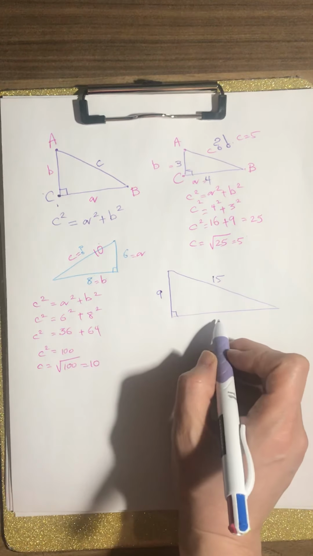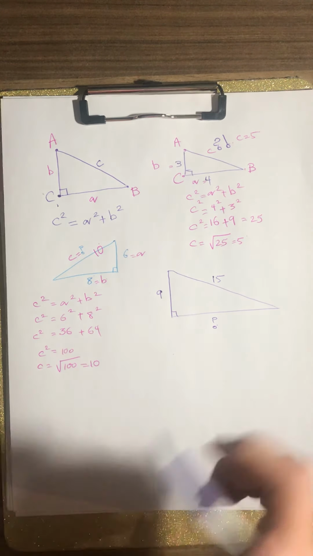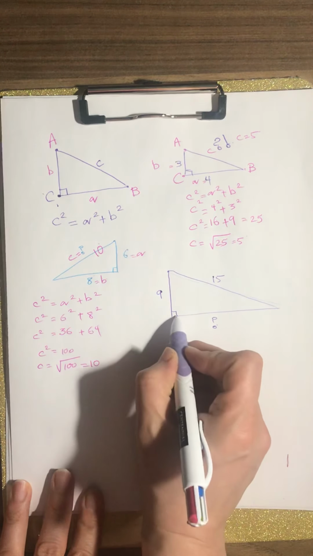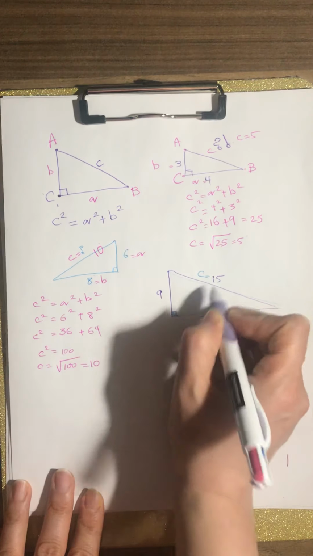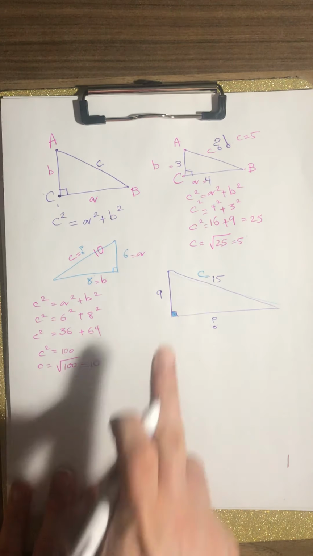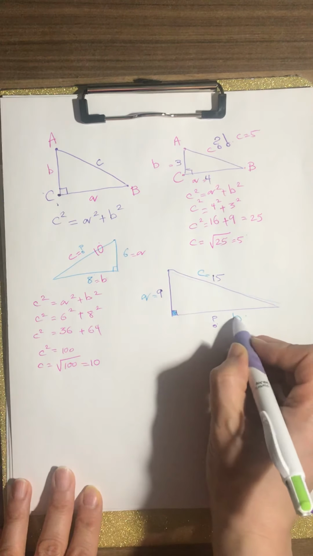And one of the legs is missing. Let's go ahead and label them. We always start to label with the hypotenuse. So which one's the hypotenuse? The longest side, or the side which is right opposite to the 90 degree. So C is going to be 15. Okay, let's call 9 A. Now B is missing. One of the legs is missing.